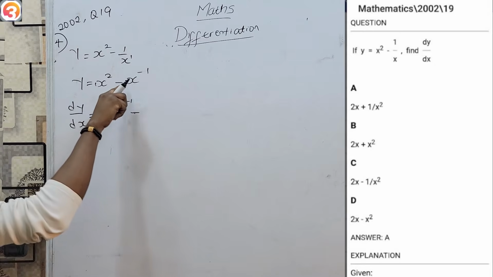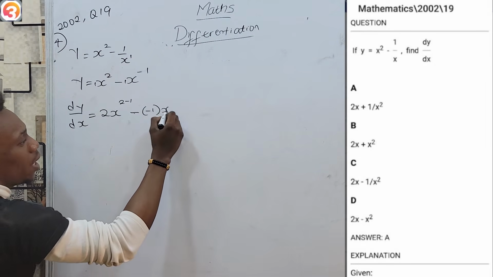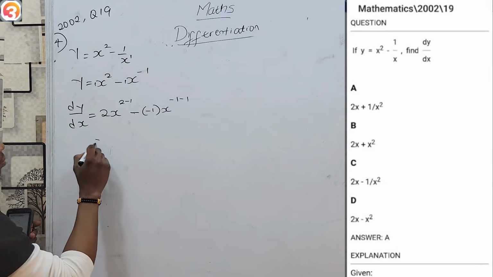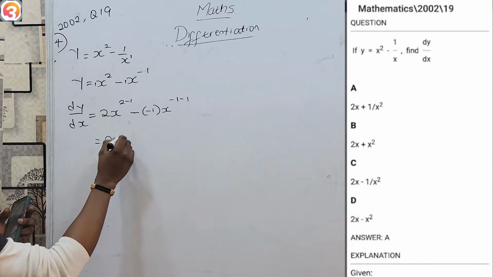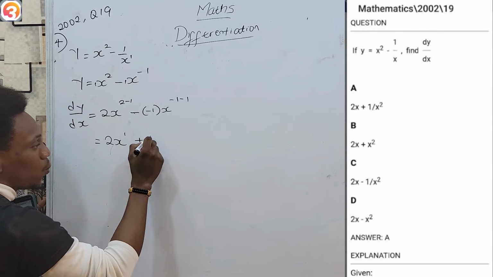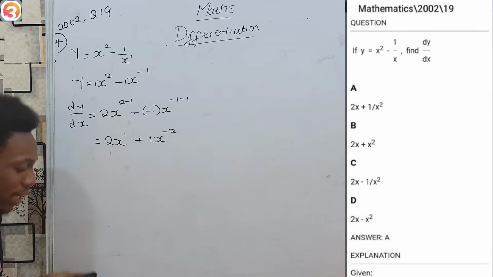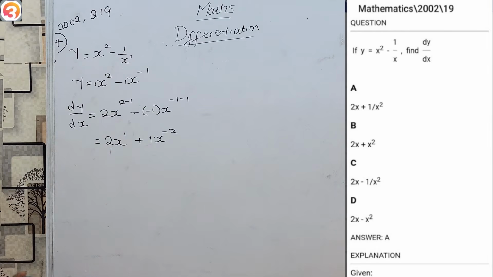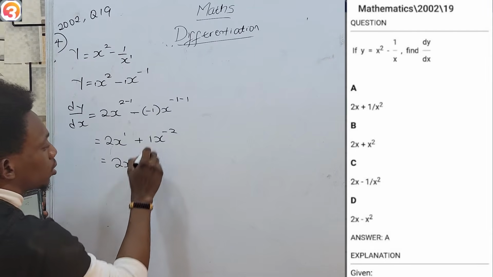Over here will be 1 times minus 1 is minus 1, x raised to power minus 1, then also minus 1. This gives me 2x. 2 minus 1 is 1, and there's no real reason to write it. Then over here, minus times minus plus 1, x raised to power minus 1 is minus 2. But obviously, all my answers have their x at the denominator. So I do likewise. This becomes 2x plus 1.